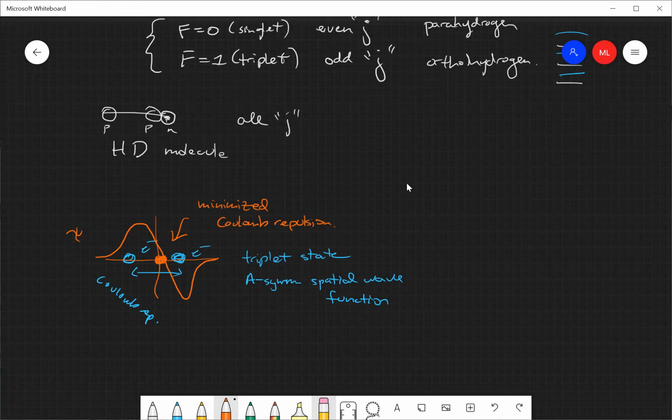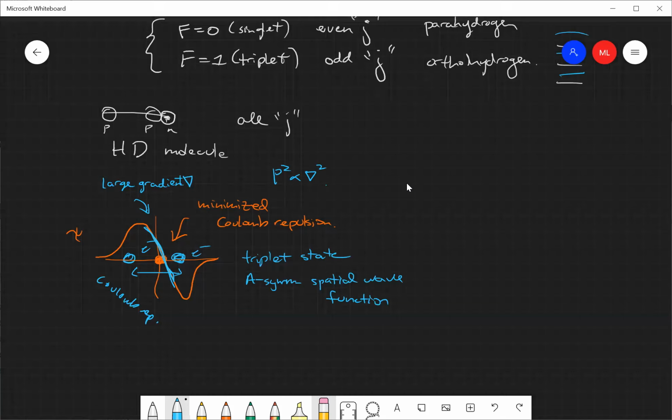But there's, of course, a price you pay, namely that because the wave function has to jump through 0 here and be anti-symmetric, this gives you a large gradient. And we know that the momentum is proportional to the gradient squared.